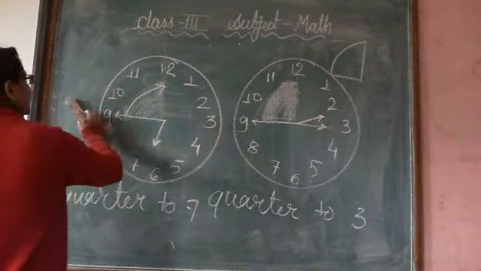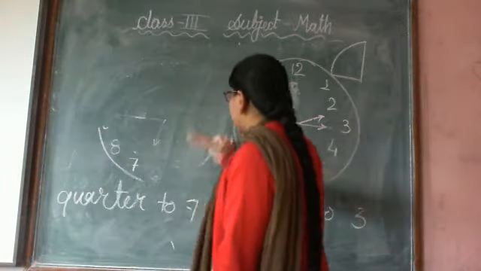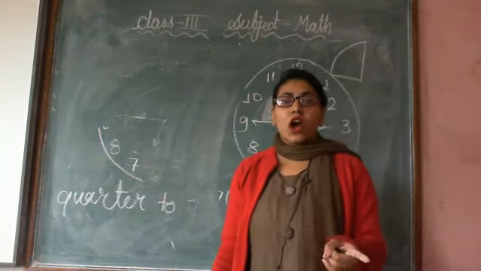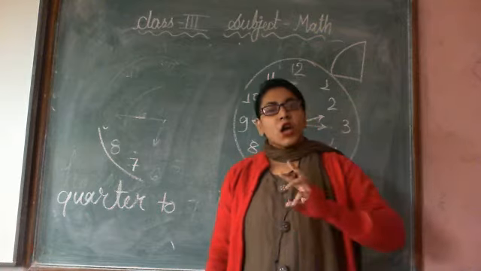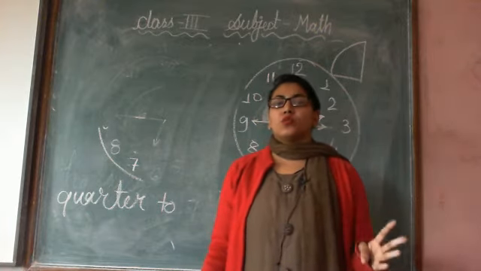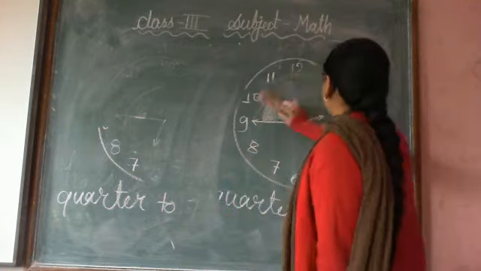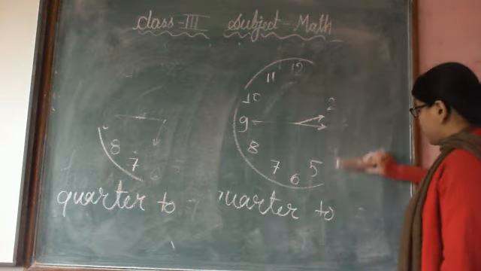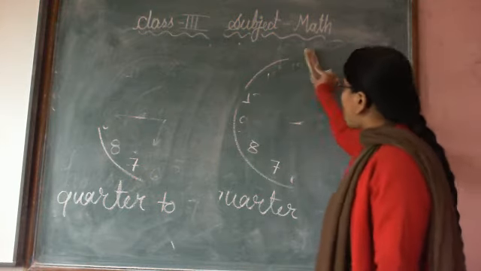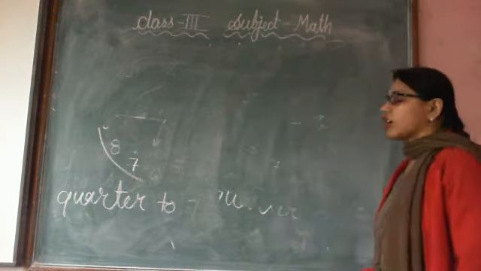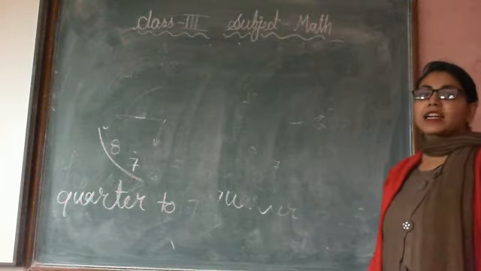So I hope students now you understand the concept of o'clock, half past, quarter past and quarter to. So practice with the wall clock. Take your wall clock from the house and practice with it.